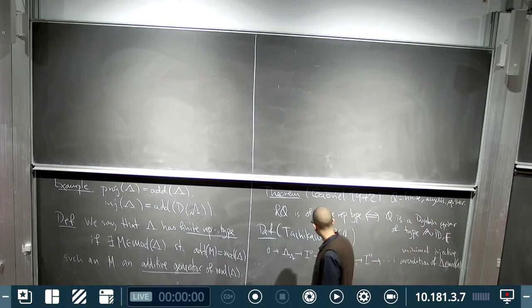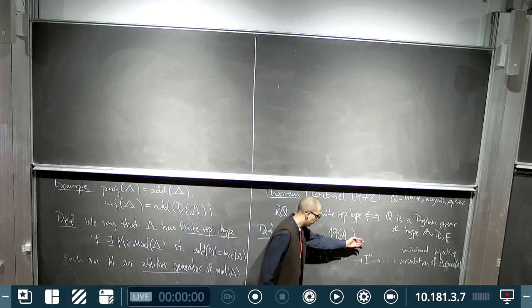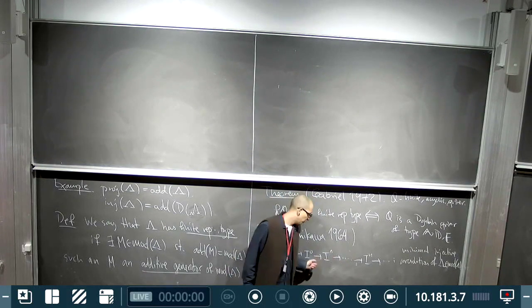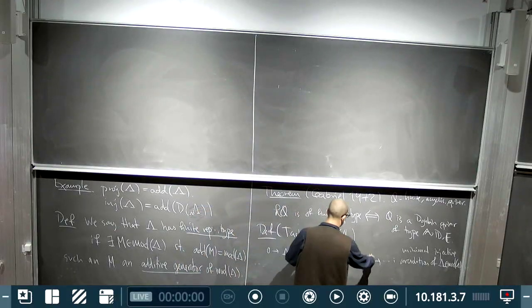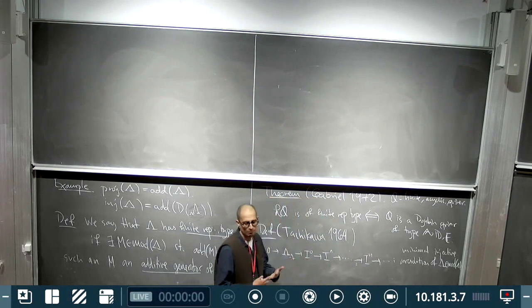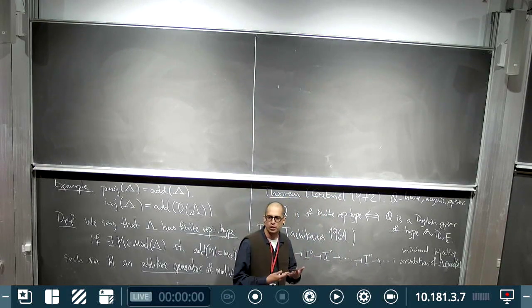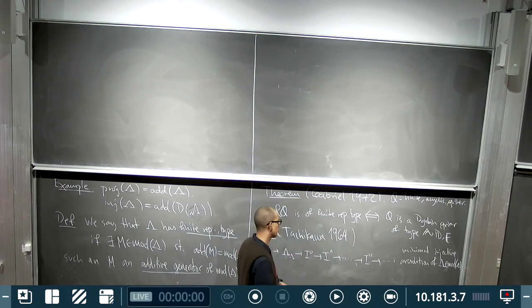So minimal means each of the terms of the co-resolution is an injective envelope of the corresponding previous co-kernel. So in a way, this means that this, as a complex, has no additional redundant direct summands. Yeah, that's a way to understand what this means.